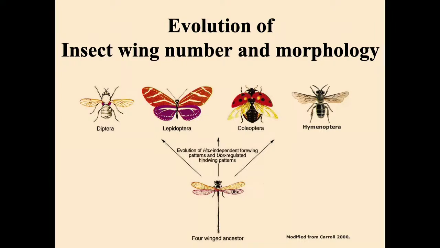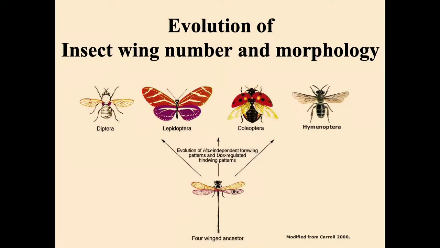Then there are 4 classes which have some divergence. In bees, honeybees and others, forewing and hindwing are very similar, except that the hindwing is somewhat smaller. In beetles, the forewing is modified into a thick structure called elytra, whereas the hindwing is retained as the flight appendage.